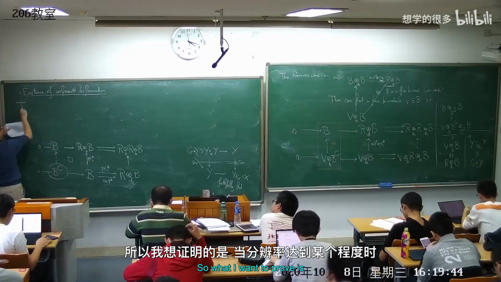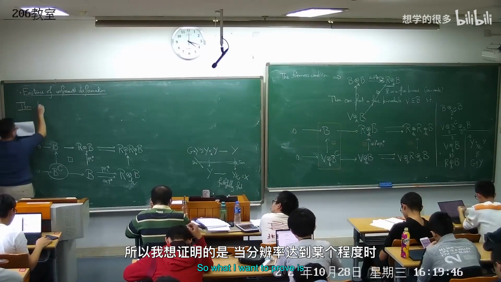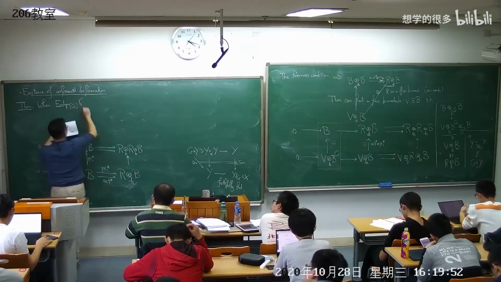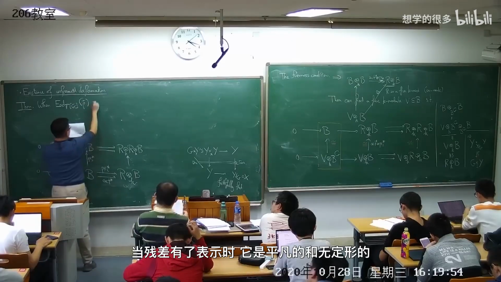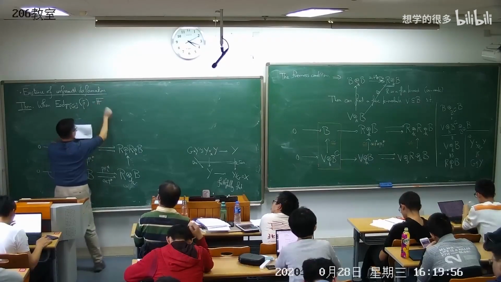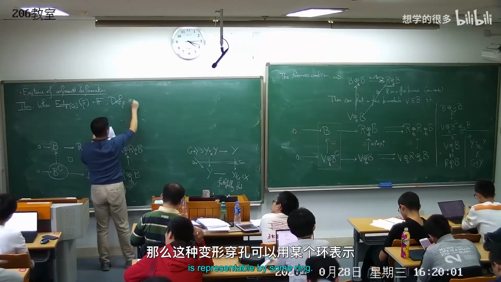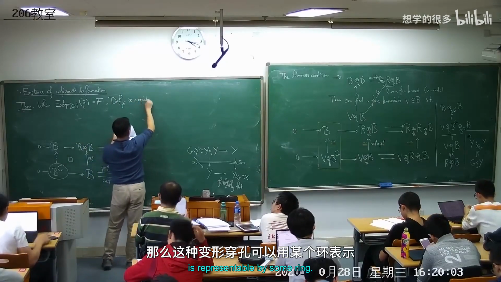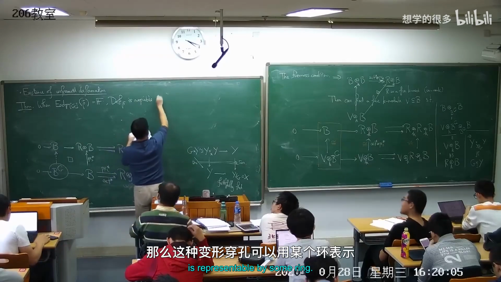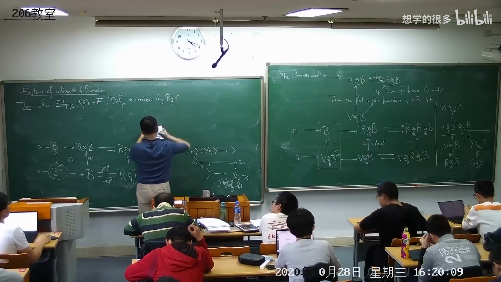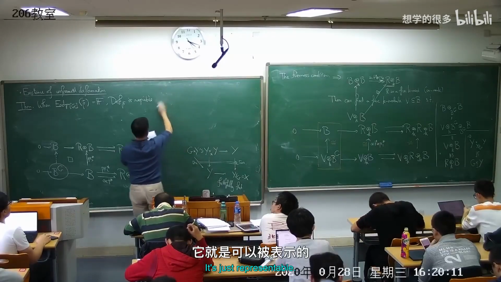What I want to prove is that when the residual Galois representation has trivial endomorphism, then this deformation functor is representable by some ring. It's just representable.